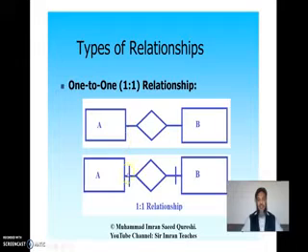For one record of A, we have maximum one record of B, and vice versa, for one instance or record of B, we have maximum one instance of A. So on both sides we are getting 1. This kind of relationship is known as a one-to-one relationship.